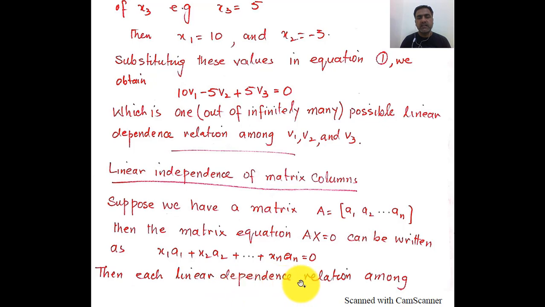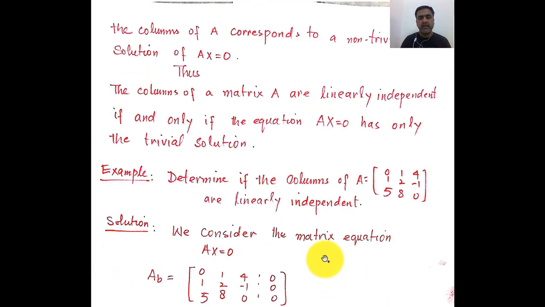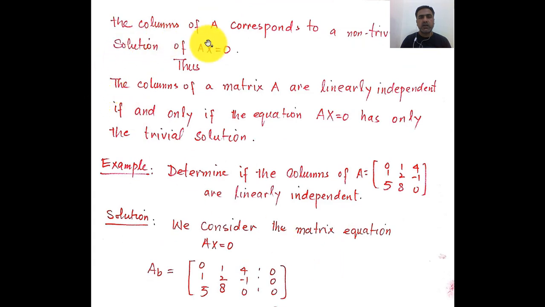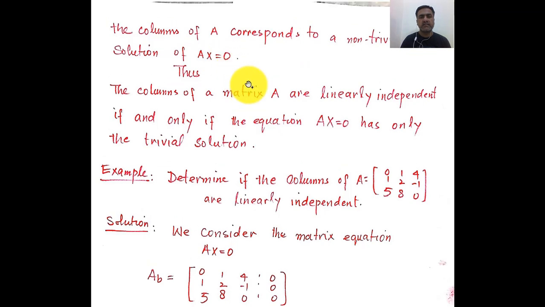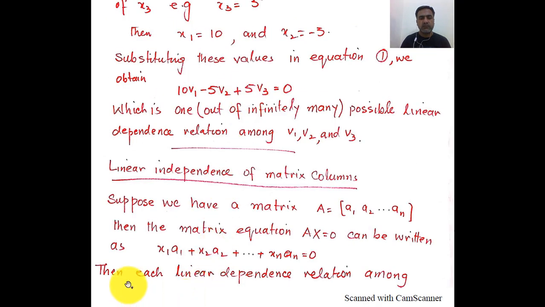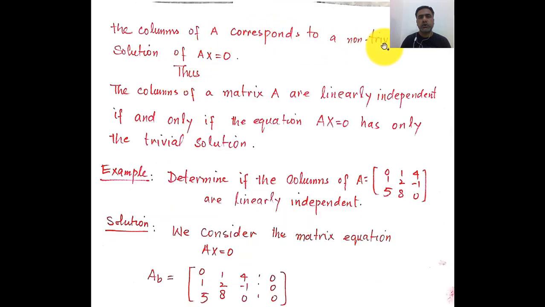Then each linear dependence relation among a1, a2 up to an, the columns of A, corresponds to a non-trivial solution of Ax equals 0. Hence, any linear dependence relation among a1, a2 up to an corresponds to a non-trivial solution of Ax equals 0.